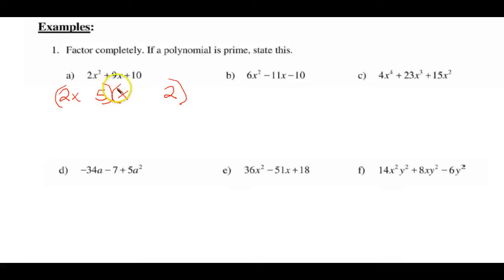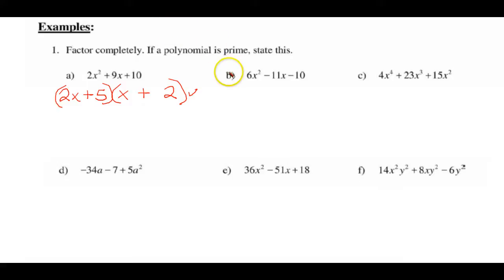Now my inners are 5, my outers are 4, it's going to add up to 9, and they'll all be plus. And again, we FOIL this to check, and it does check out.